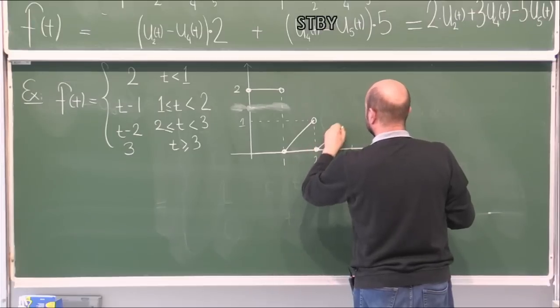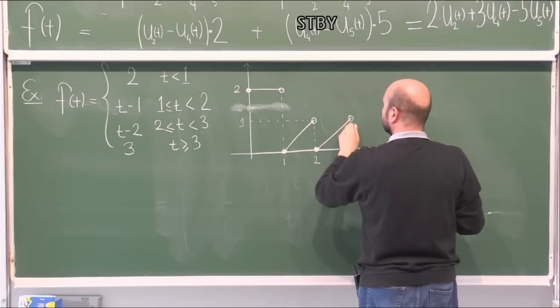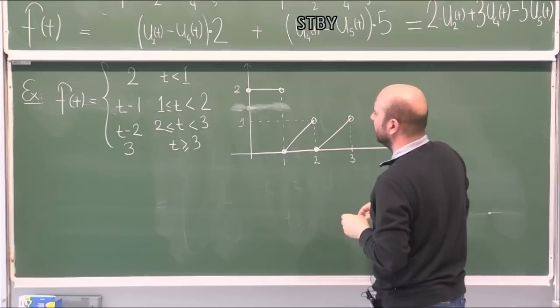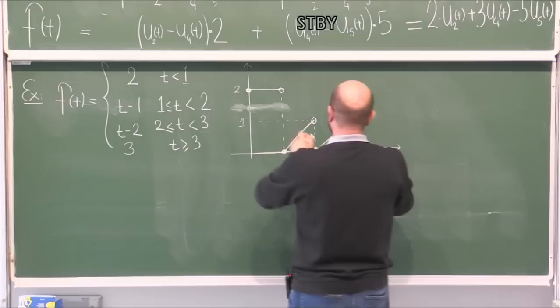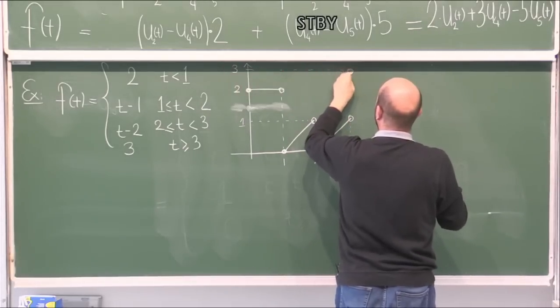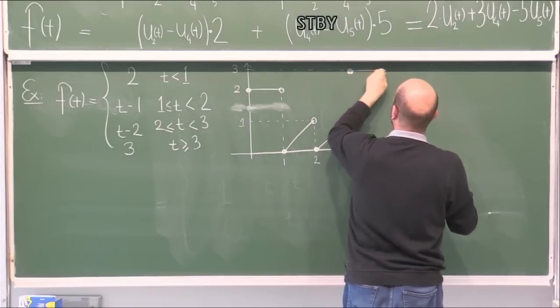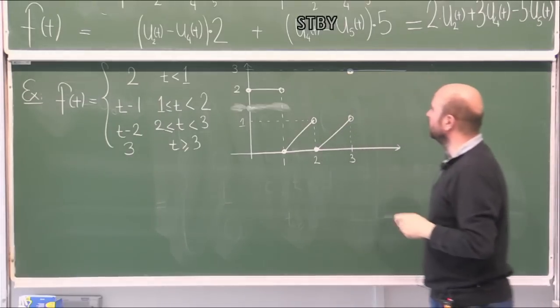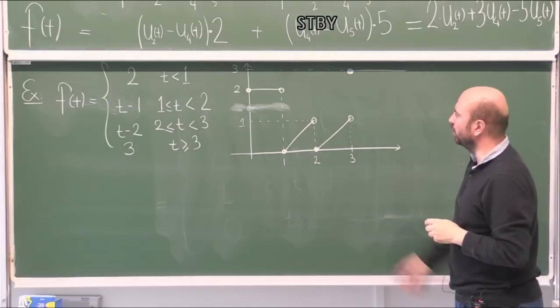It's like this. And after 3, it is 3. Continues as 3. So this is the signal now we have, or f function.